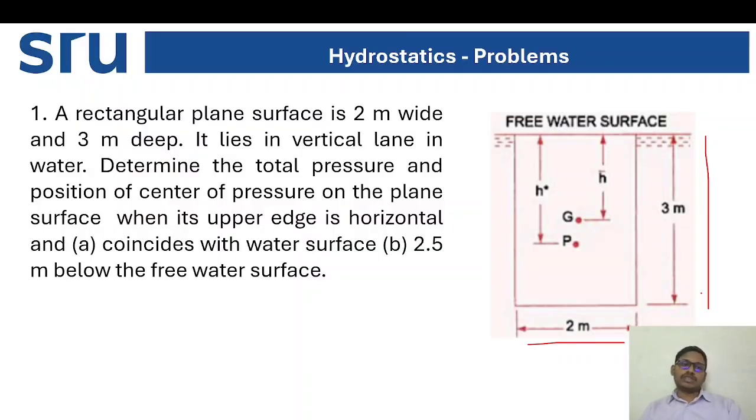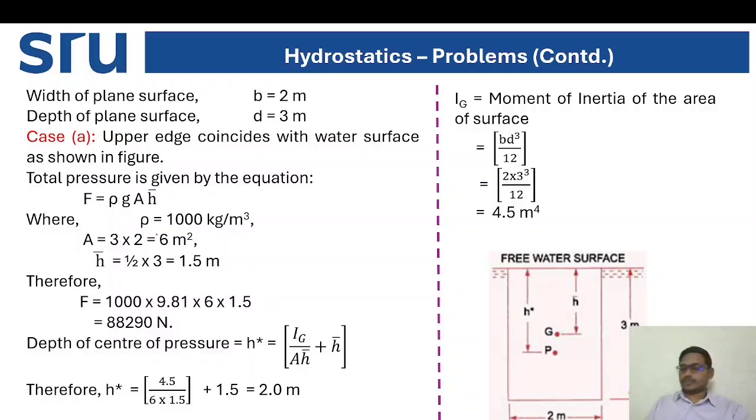Determine the total pressure and position of center of pressure on the plane surface when its upper edge is horizontal. You see here the upper edge is horizontal, and in case A it coincides with the surface, and in case B it is 2.5 meters below the free surface of the water.